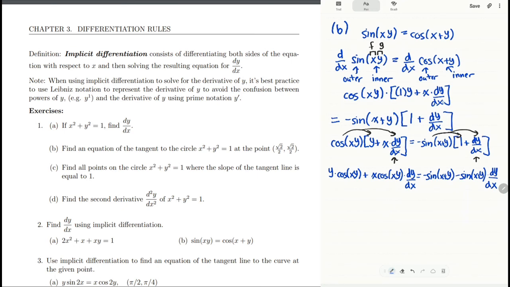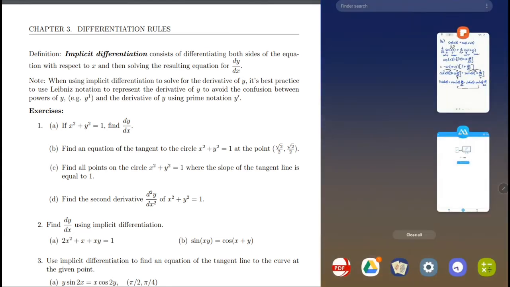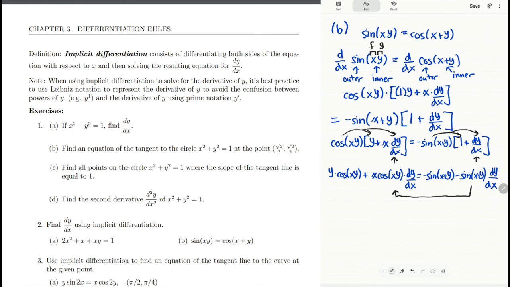So now let us move this sine of x plus y times dy over dx term to the left-hand side of the equation, and the y cos xy to the right-hand side.